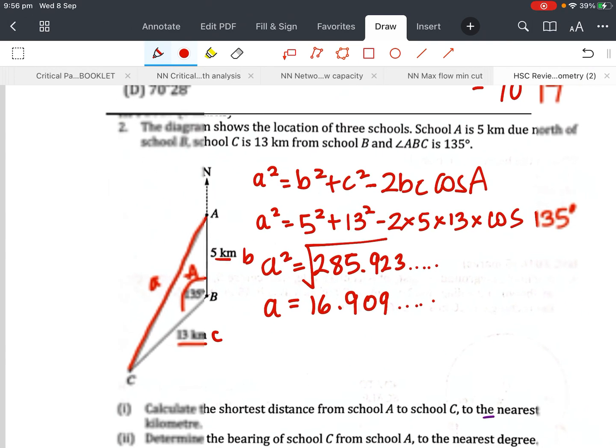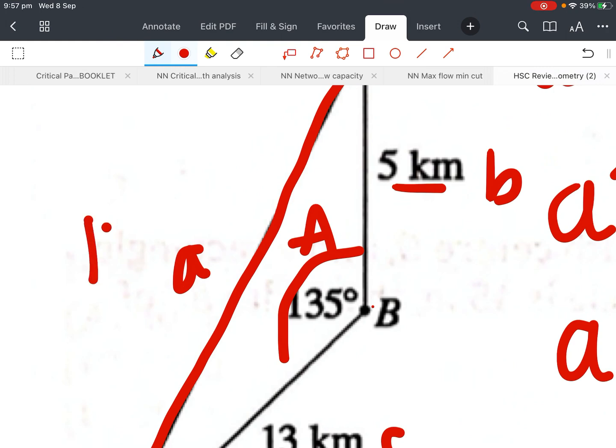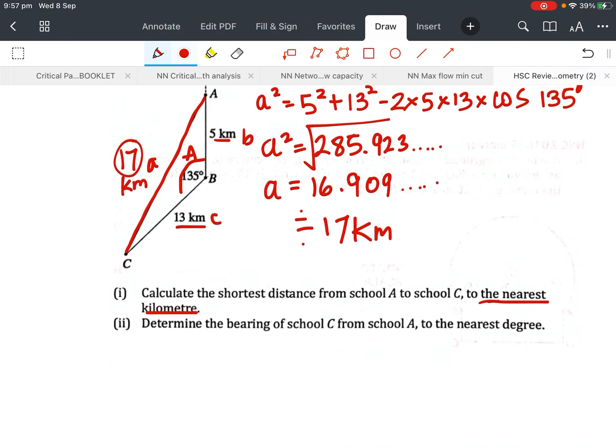Reread my question and it says to the nearest kilometre. So that means in this case to the nearest whole number, which in my consideration 16.909 is closest to 17. So now I have this one. It's 17 kilometres. I can use that to help me with the next one.